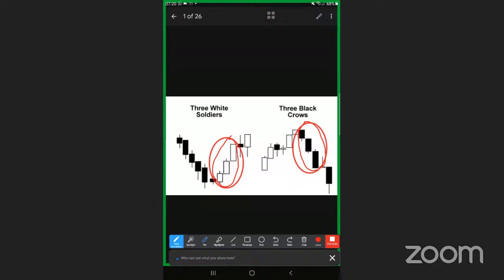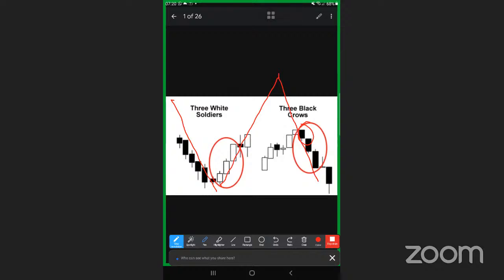They normally appear after the market has been trending for some time. After the market has been trending upward, when these guys appear, you should know that it is going to be a long downtrend.